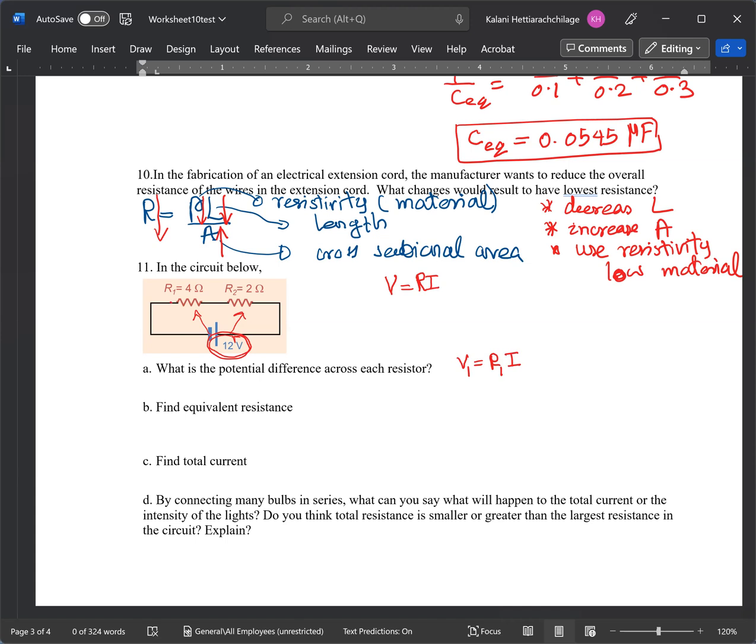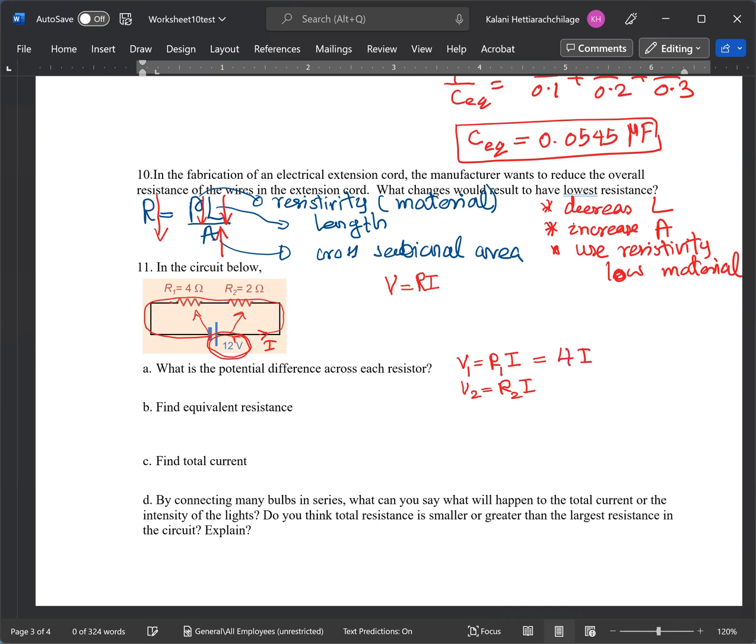So now it is very important that this circuit will create the current. That current is going the same around this loop. There is no possibility to change the current in the loop. If you have a single loop, it has the same current, right? So now similar to that, I will be able to write V2, that is for the second resistor, equals R2 times I, right? So now let's see the numbers. I have R1 times, R1 is just 4, right?